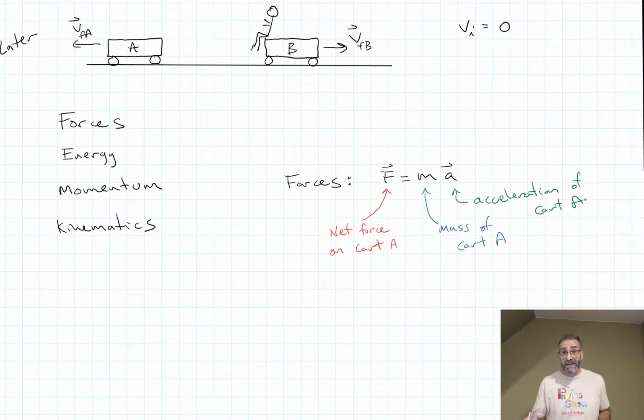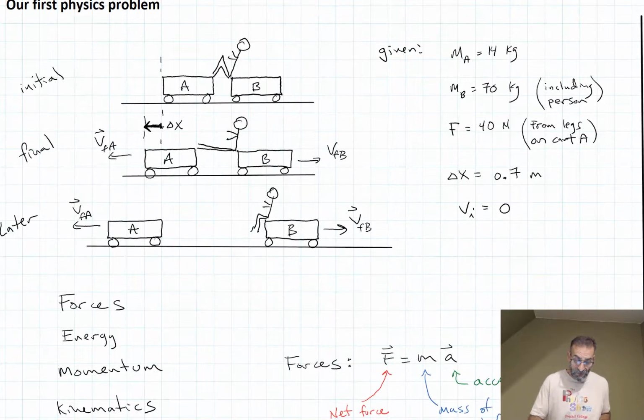In order to use this equation, because it's a vector equation, we need to define our coordinate system and positive directions. I'm going to call the right my positive direction.